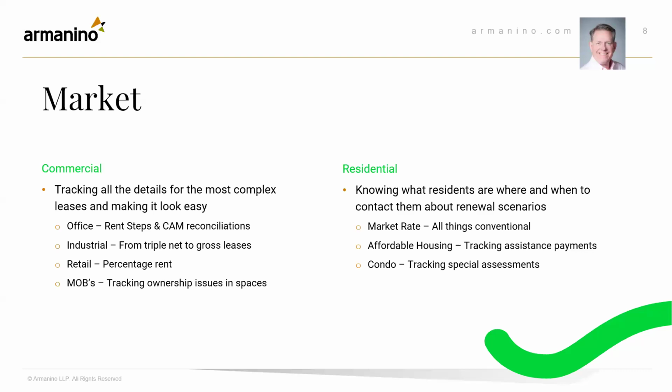When we talk about the residential space, we want to make sure we can do things that are all around conventional, whether that be all the leasing renewals that need to happen. So you'll find that we have a very flexible lease renewal option in Sage Intacct Real Estate, where you can set up by unit type different scenarios for those renewals. So you might say, if you renew for 1 year, your rent will go up 3.5%.